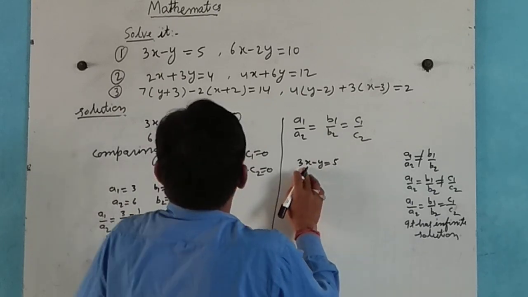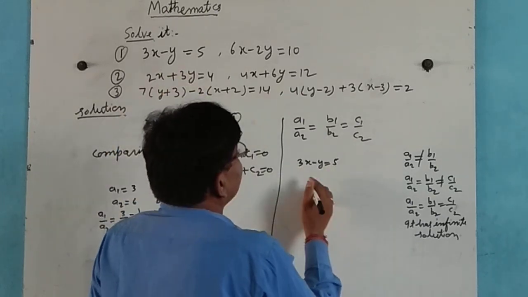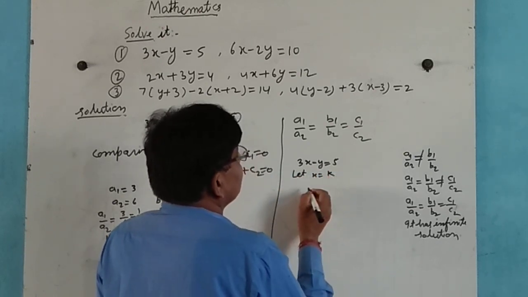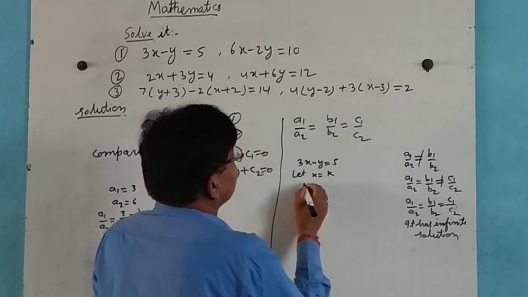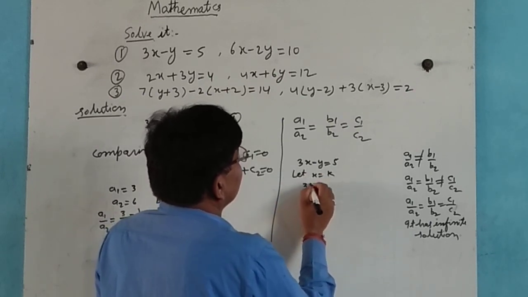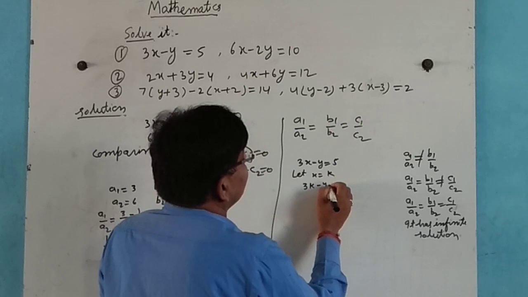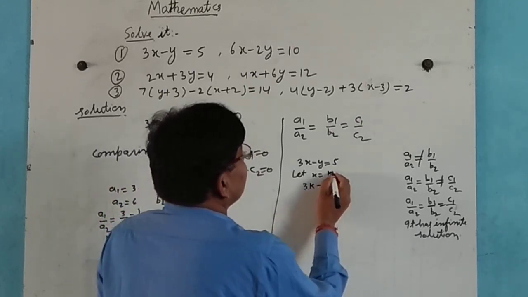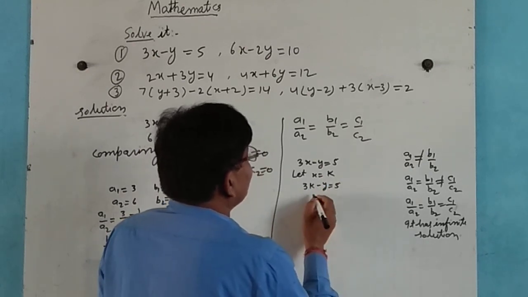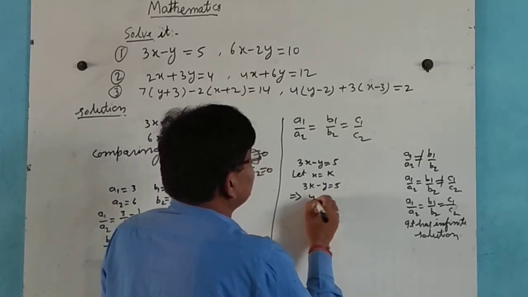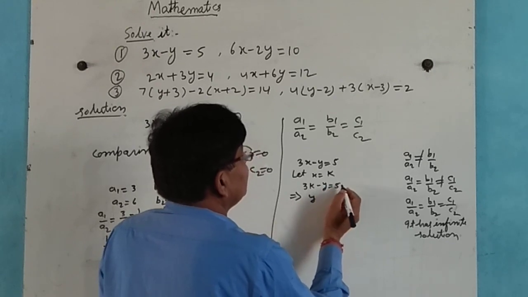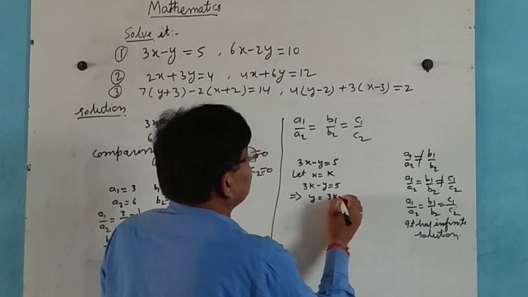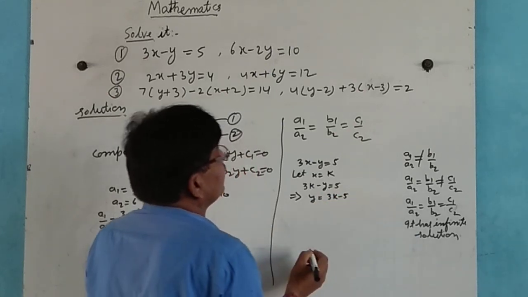Let x be equal to k, putting this in this equation, 3k minus y equal to 5, so y equal to, change the side, 3k minus 5.